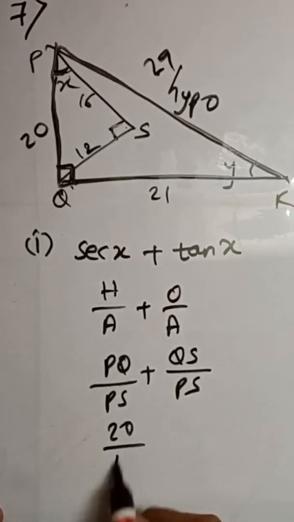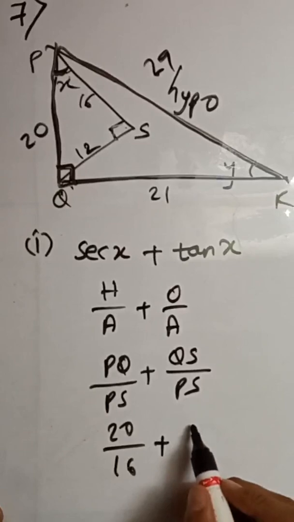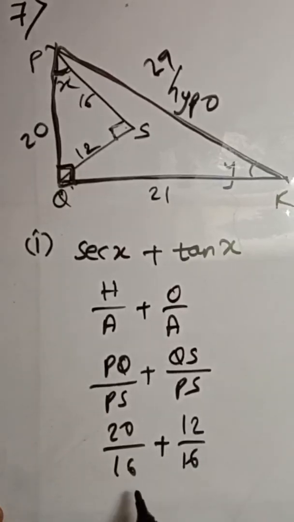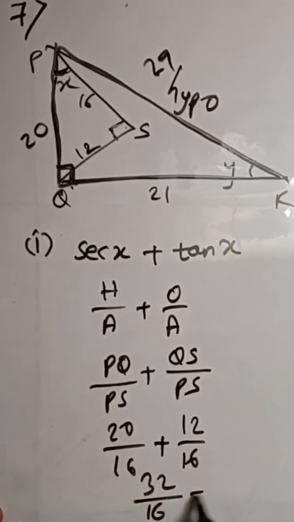So 20 upon 16 plus 12 upon 16. We'll add, no need to take LCM because the denominator is same. So 20 plus 12, 32 upon 16, that is 2. Okay, done. Sub question 1 is done.